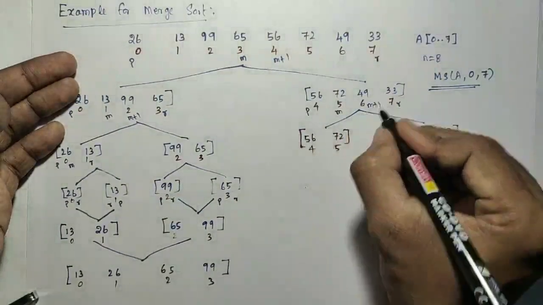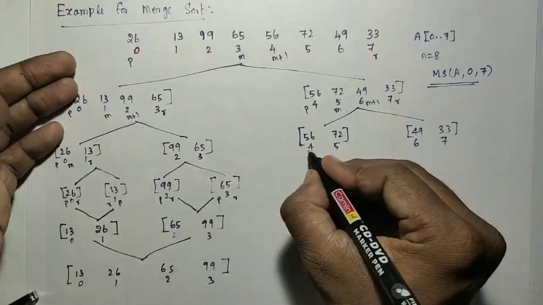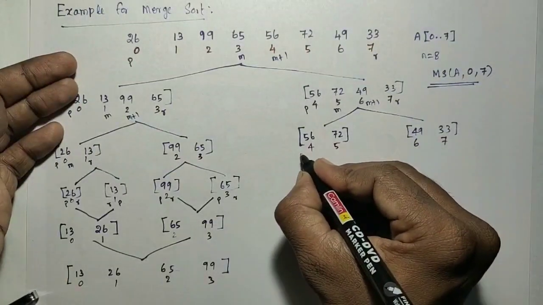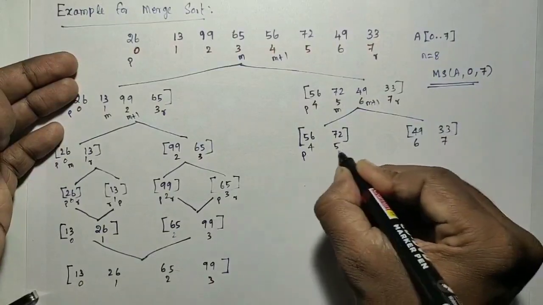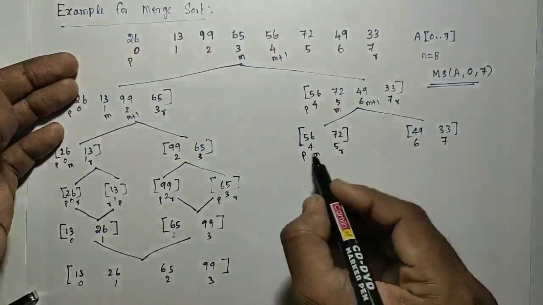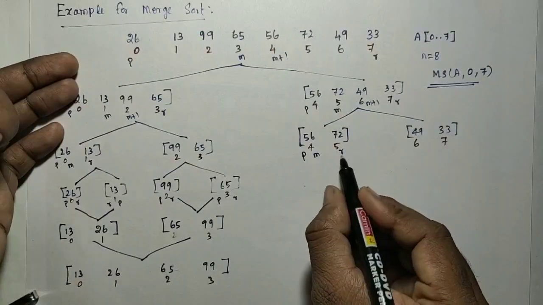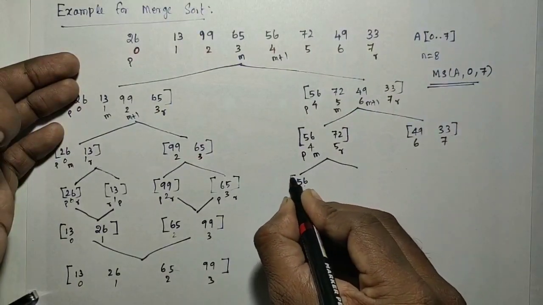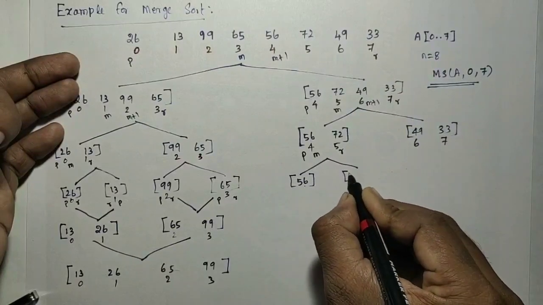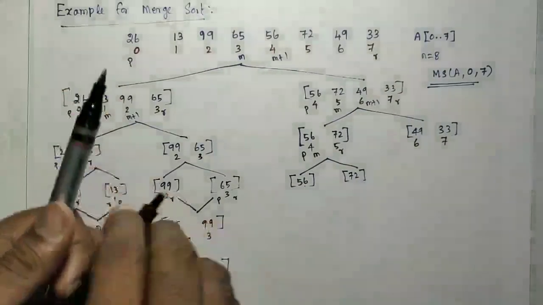It will be split like this. In this call I need to sort these elements. So here P and R, this is M, so P to M, M plus 1 to R, so it will be split into 56 alone and then 72 alone.